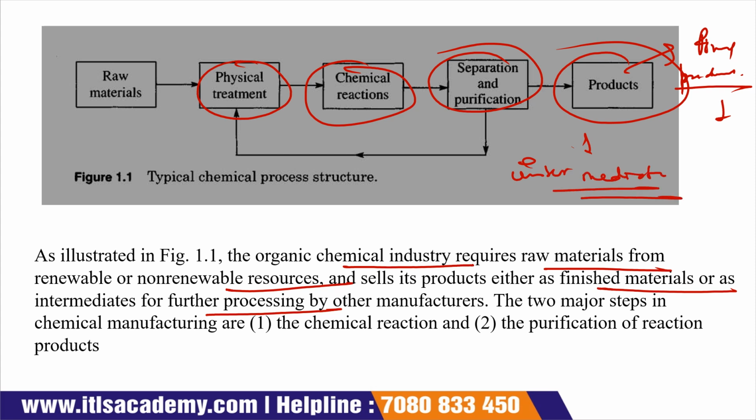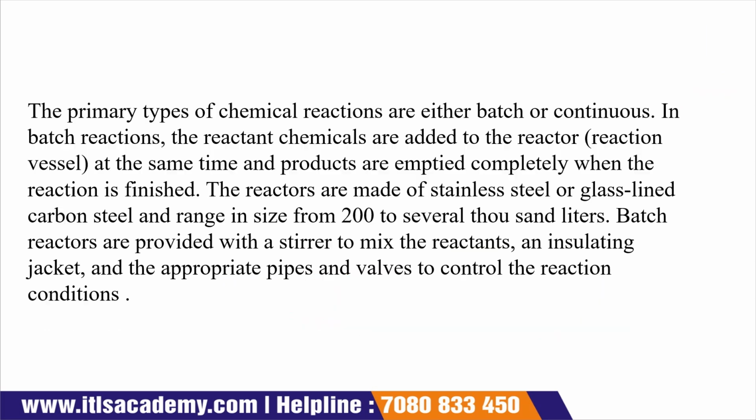The two major steps in chemical manufacturing are, first, chemical reaction and, second, purification of the reaction products. Okay, now the next is, the primary types of chemical reaction are either batch or continuous.